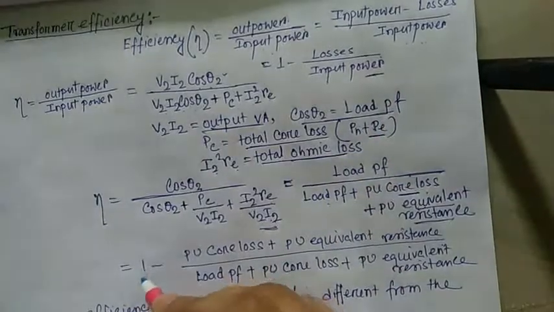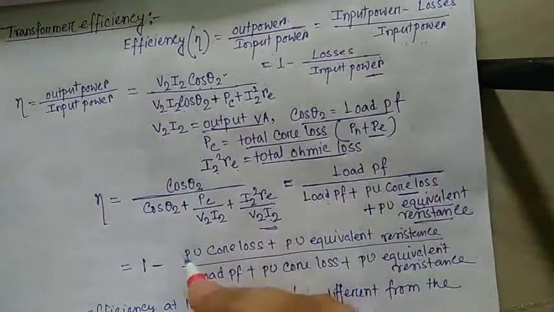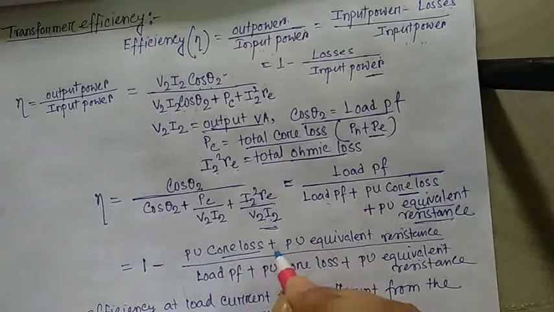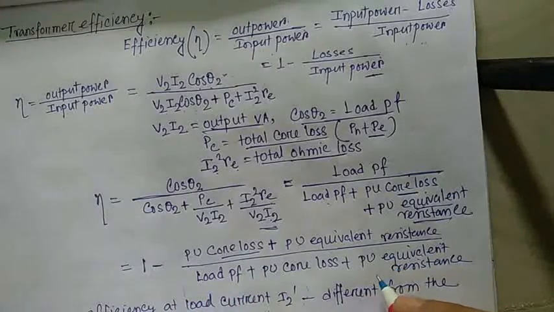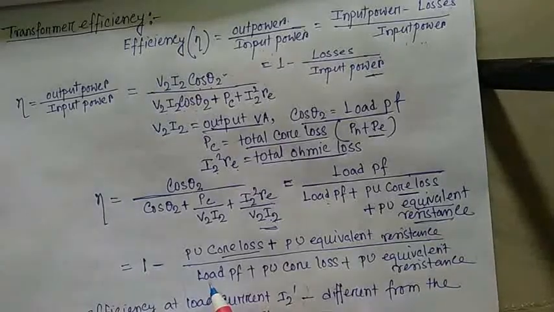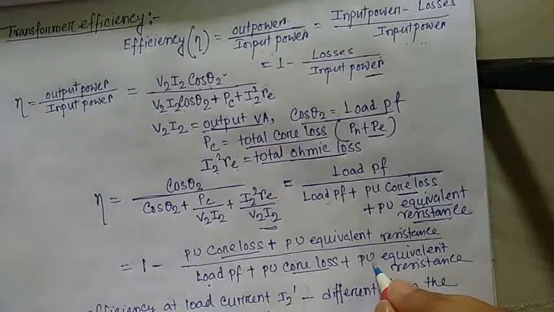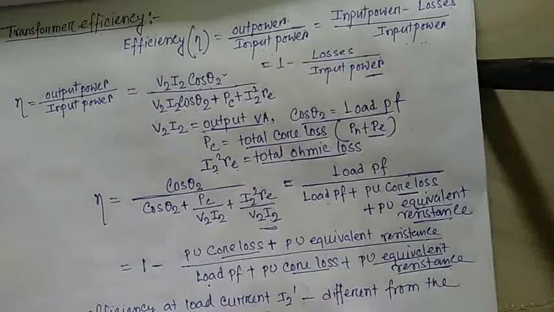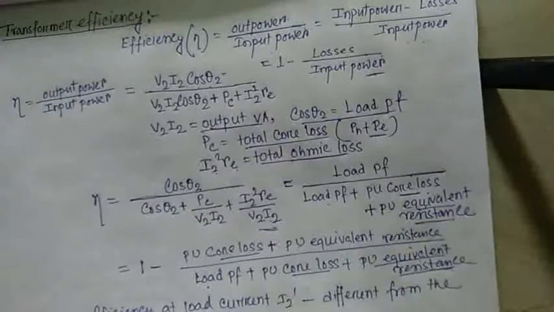That time it comes 1 minus the total losses, so per unit core loss plus per unit equivalent resistance, divided by the total input, that is load power factor plus per unit core loss plus per unit equivalent resistance. So this is another form of efficiency.